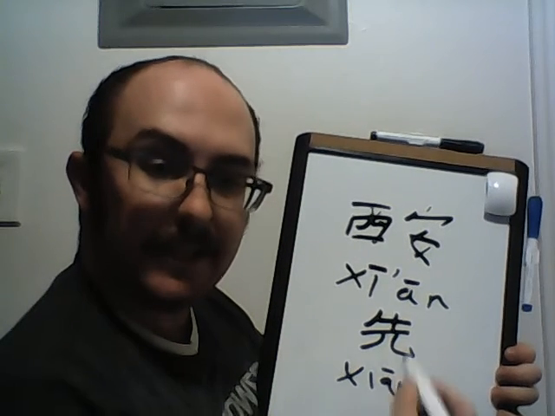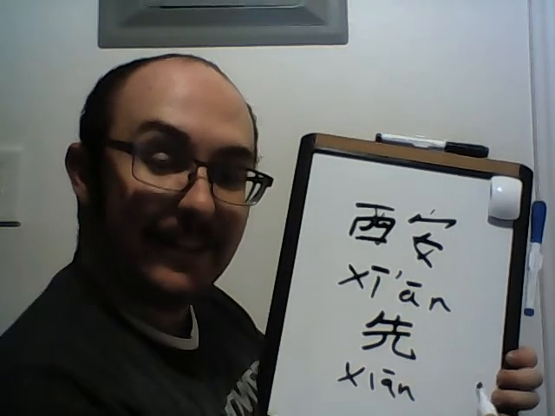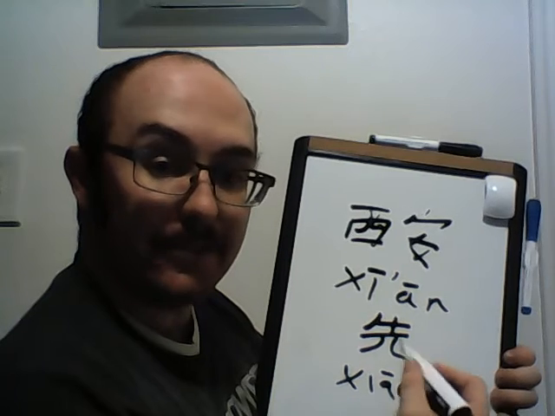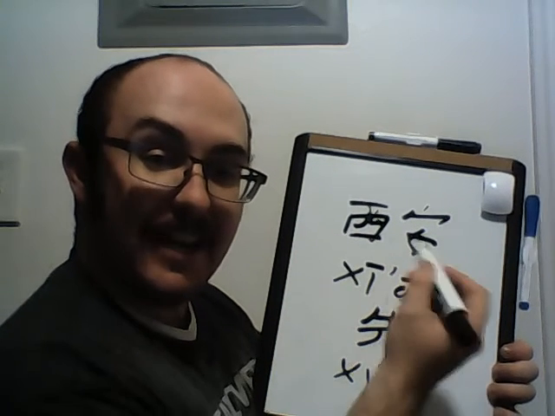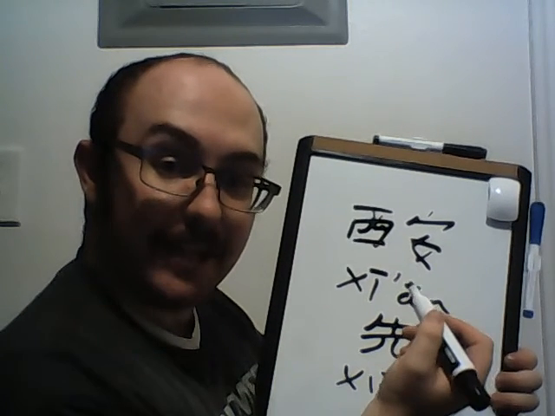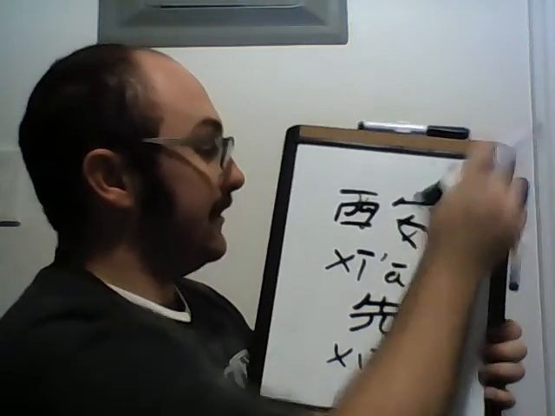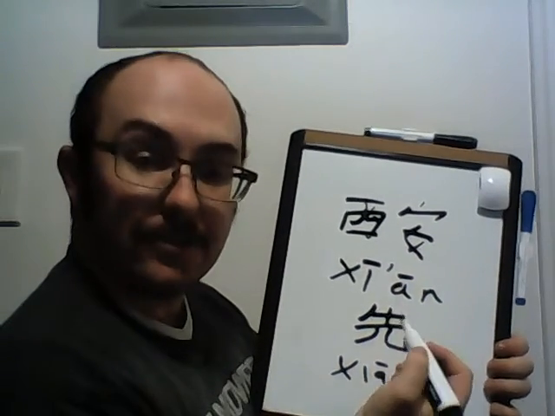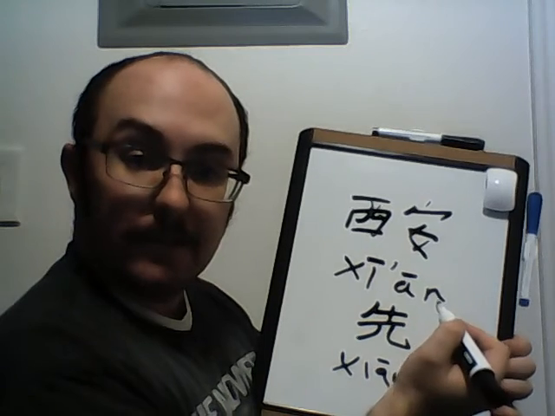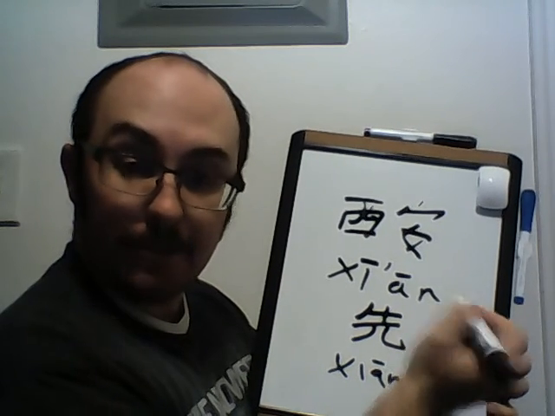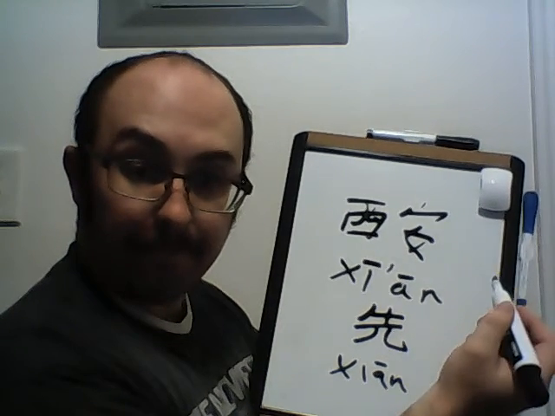You have Xian and Xi'an. They're two different words. Xian means first. Xi'an is a city in central China. And you don't want to mix those up. So that's what the apostrophe is used for. It's used to separate two syllables so that you know how to pronounce it.